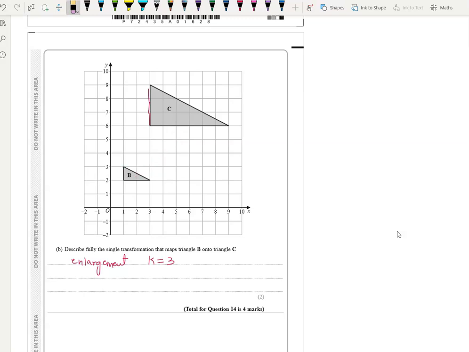And the third thing you need is the center of enlargement. To find it, join the corresponding points. So this point and this point, you join and extend to see where it intersects. Use a ruler to join them, it will be better.